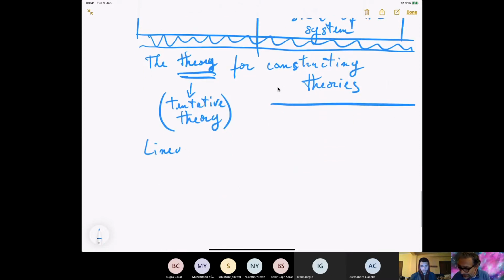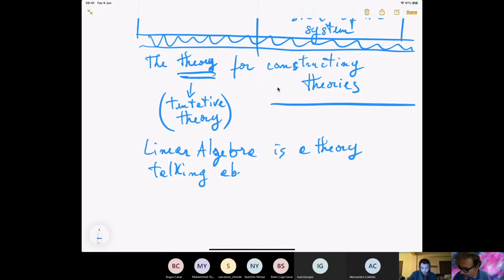Linear algebra is a theory talking about other theories.